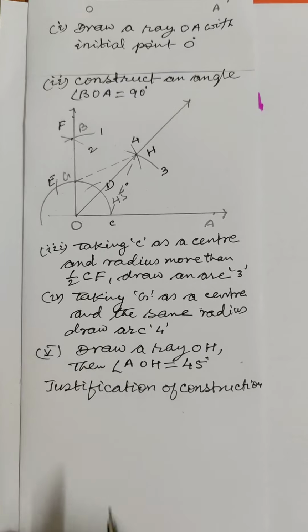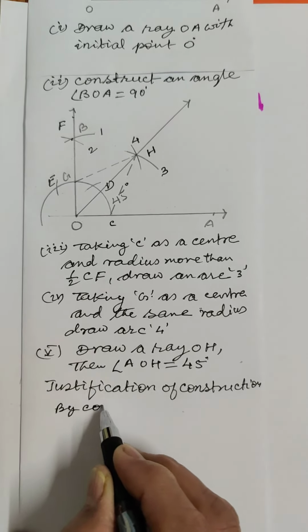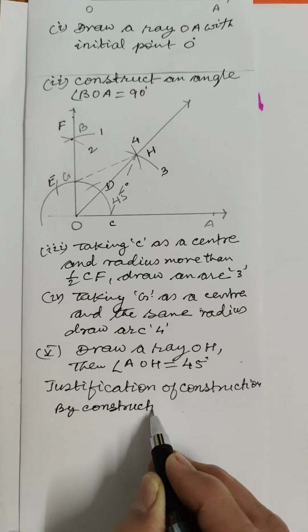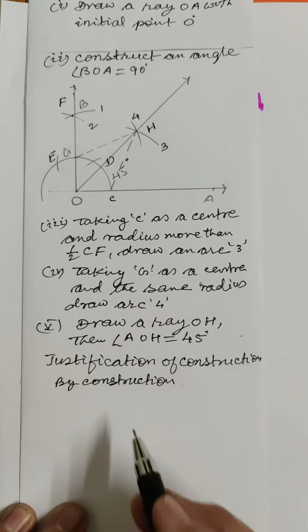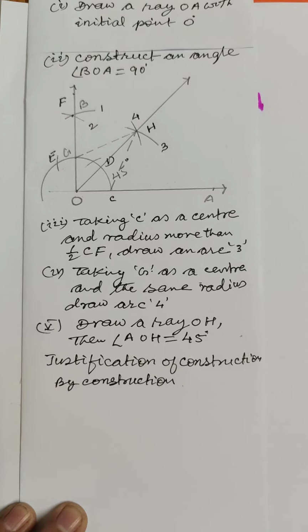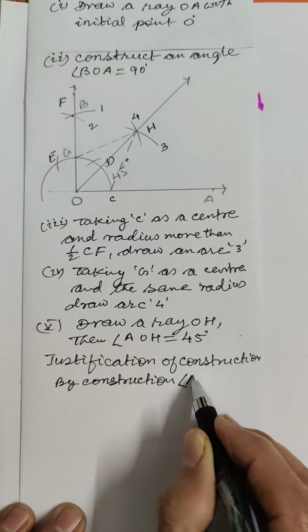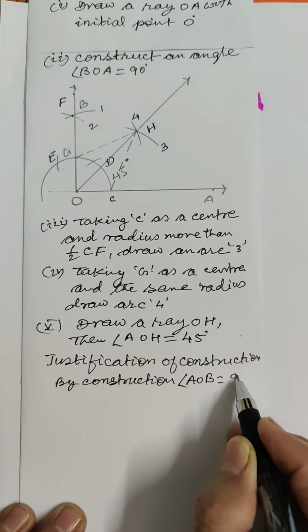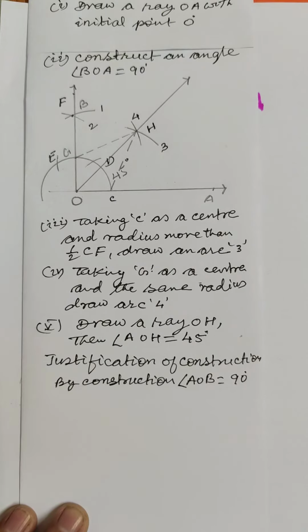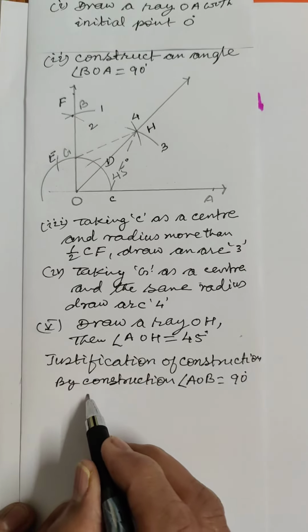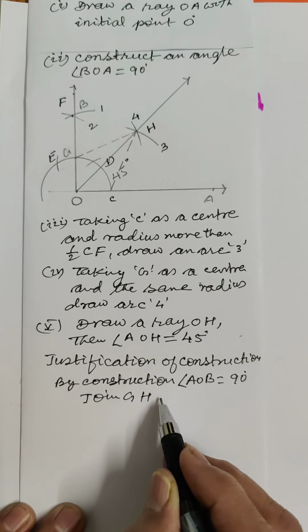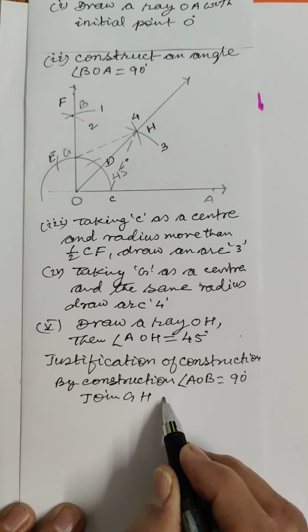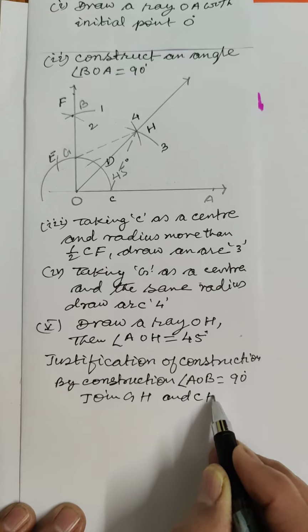By construction, angle AOB is equal to 90 degree. And we have joined GH and CH.